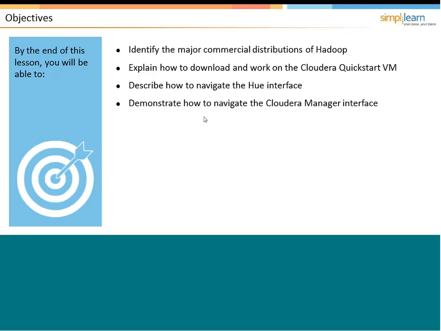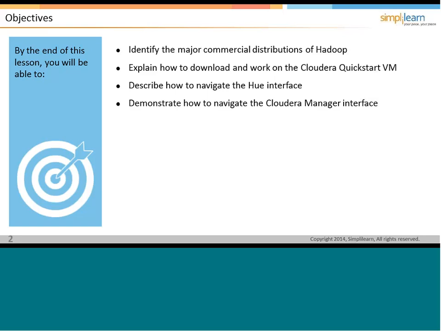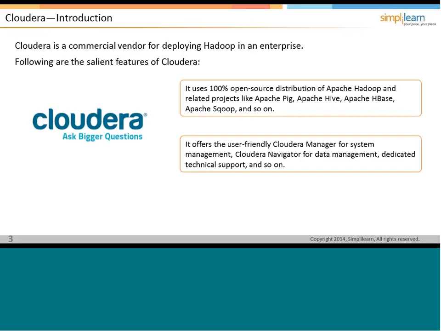Okay, so we'll be basically talking about a couple of distributions of Hadoop that are available in the industry. One is the Cloudera distribution, which we are already working on, right? And I have also helped you understand how to install it and how to use it.